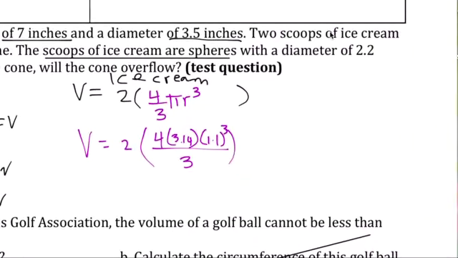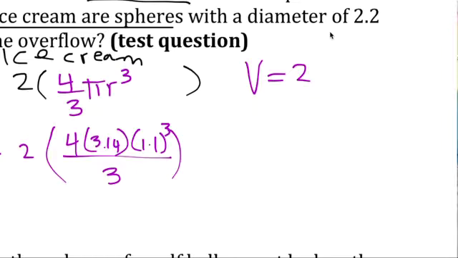Okay, so volume is equal to 2 times what? What is 1.1 cubed? 1.1 cubed is 1.331. Okay, so let's multiply all those things together.